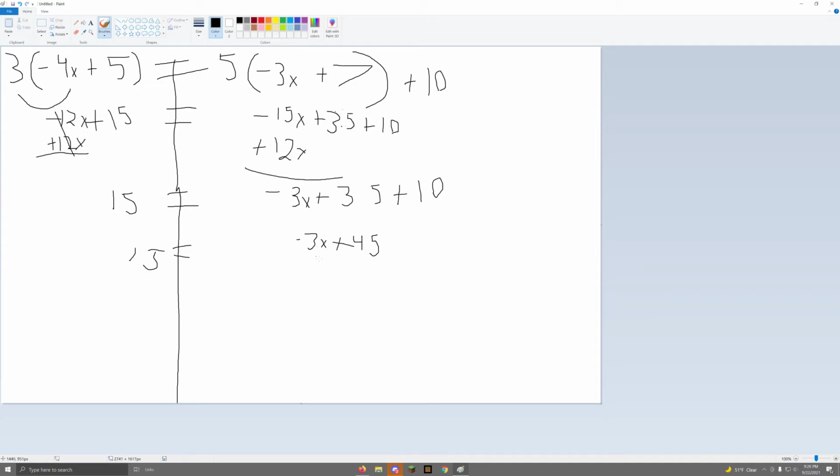But over here, we take positive 45, and what we would do is minus 45. Because what we're trying to accomplish here is subtract 45 from 15. But we can't do that with positive 45 over here.